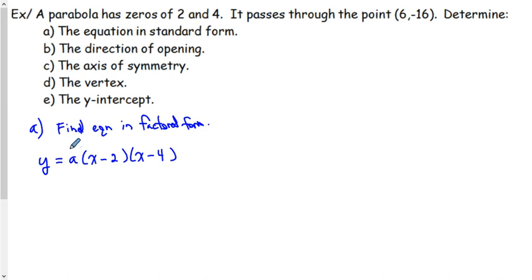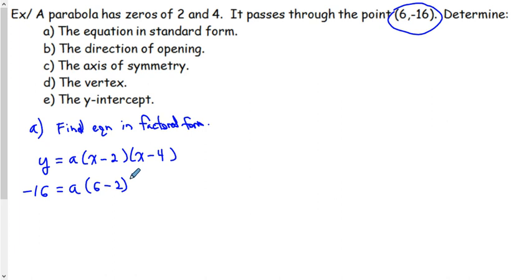So I can find that a value by substituting in my point, okay? I can take this point right up here, 6 and minus 16, and I can enter that. So my y-coordinate is minus 16. That's going to be one of the points on this graph. And my x value at that same point is 6.